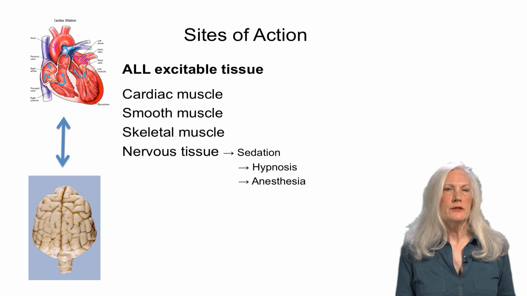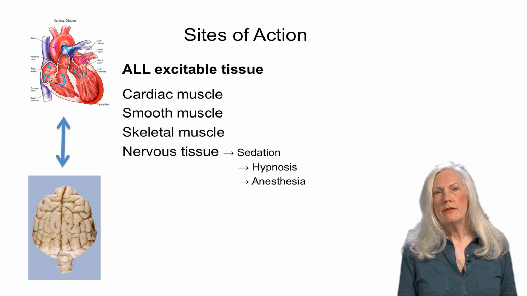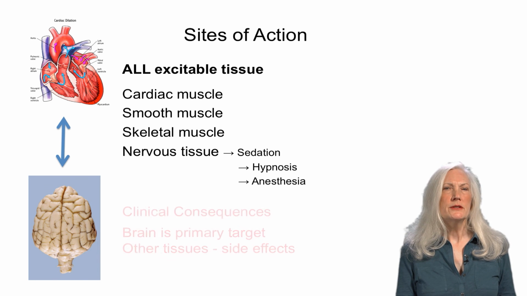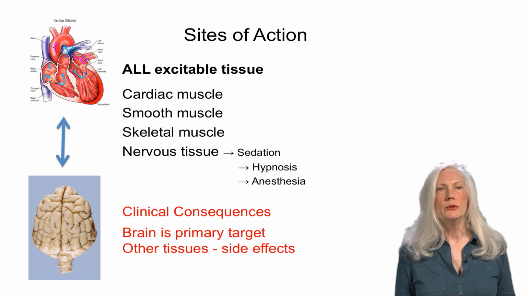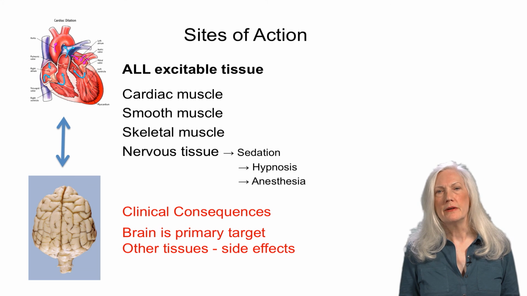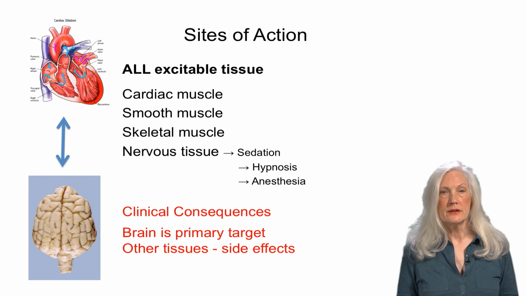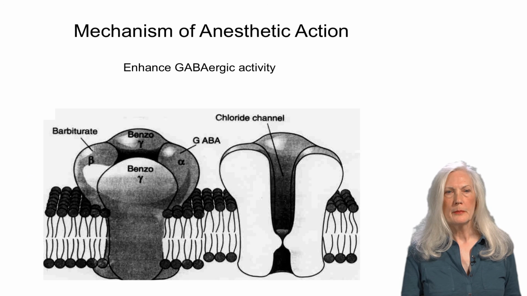But it's the nervous tissue in the brain with its GABA-A receptors that have the highest sensitivity to these compounds. This is the site of action for their ability to induce sedation, hypnosis, and anesthesia. Their effect on other excitable tissue are responsible for some of the side effects of these drugs that usually include cardiac, vascular, and skeletal muscle effects.